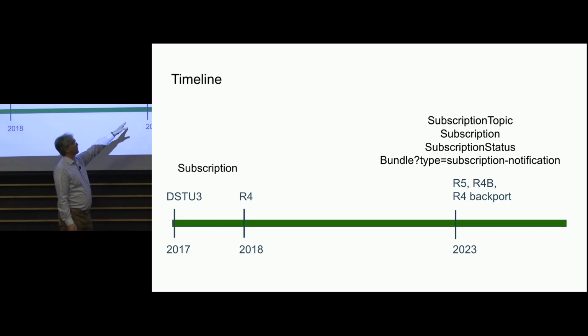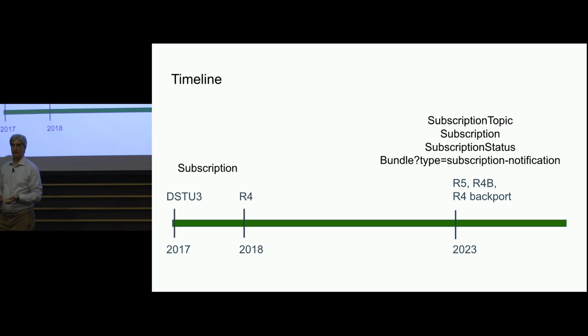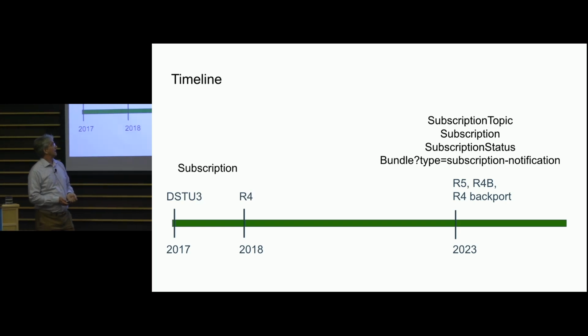There's a version of R4 called R4B, which is basically R4 plus these new resource types added into it. And if you're on R4 and are interested in using some of this tooling, there is a backport that, in a limited way, backports some of the functionality of R5. I'll go into details about what that looks like.